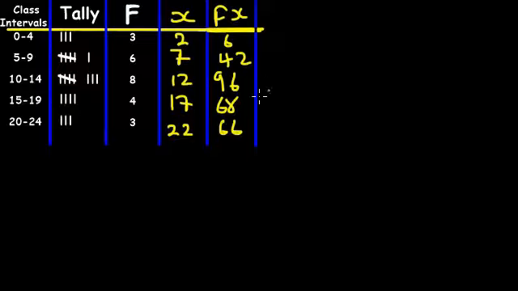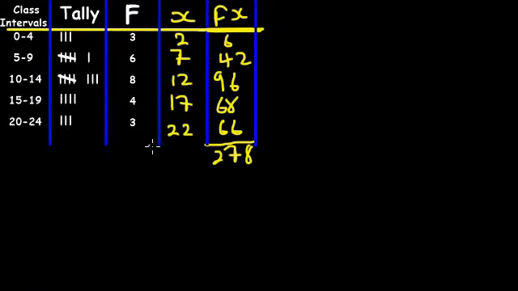And that is fx. At this point, we need to find the population mean. To find that, we need the summation of f and the summation of fx. So let's add up fx: 6 plus 42 plus 96 plus 68 plus 66. I got 278.